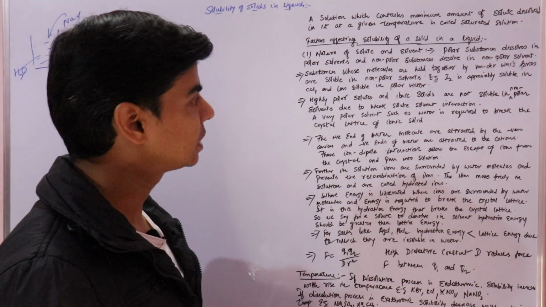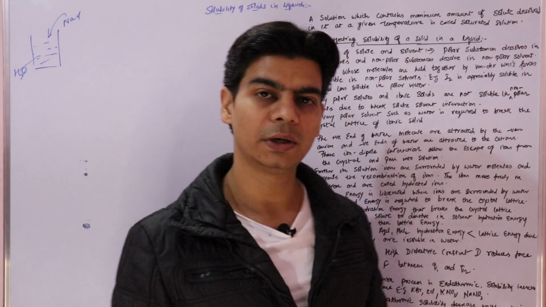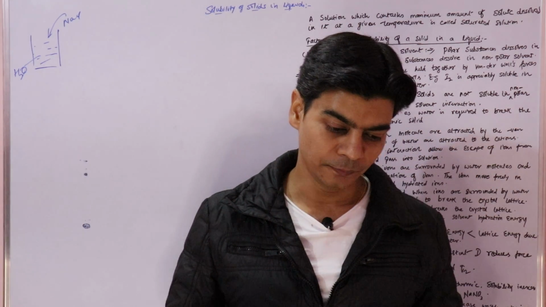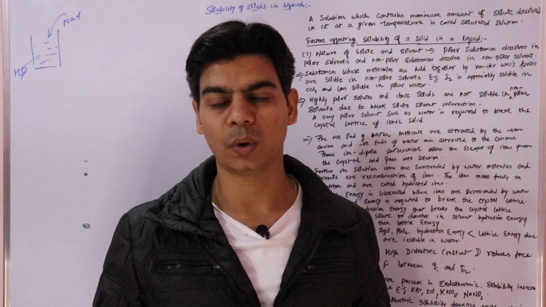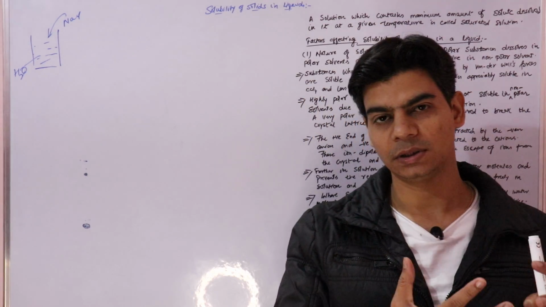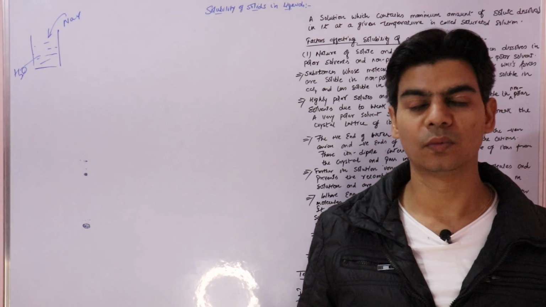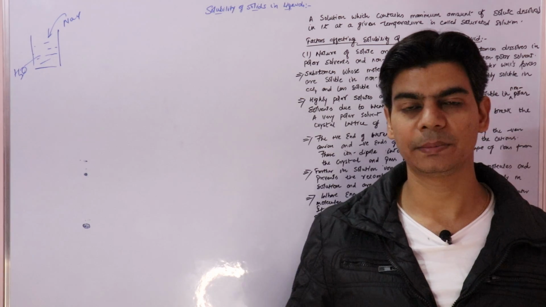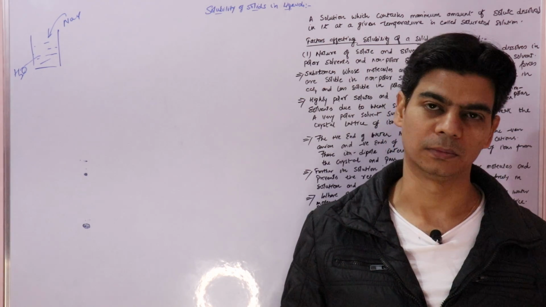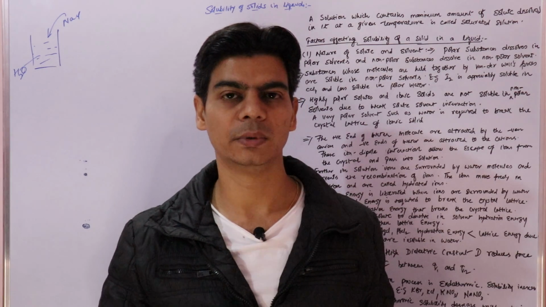Now let's discuss the factors that affect the solubility of a solid in a liquid. We are aware of one thing: ionic compounds like sodium chloride are soluble in water because they break up into ions in water. Due to the presence of ions, sodium chloride is soluble in water.